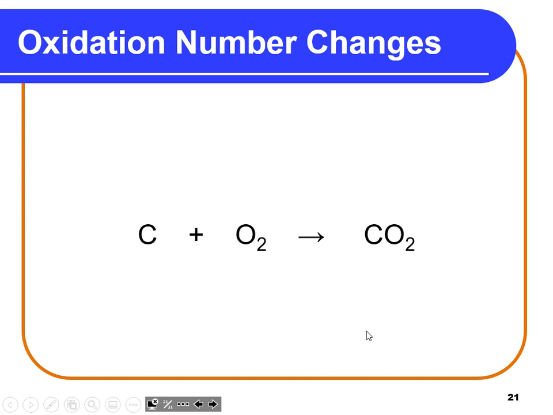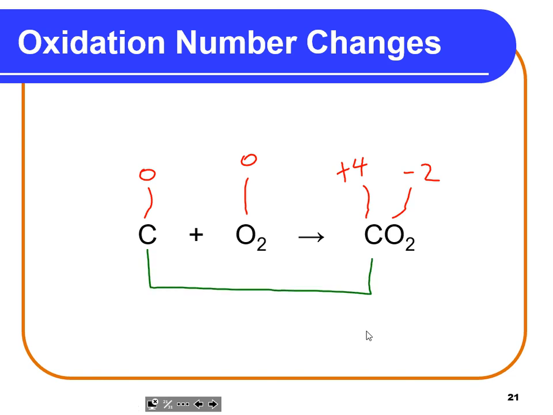Here's another one. Once again, let's get our oxidation numbers. The elements by themselves are both 0. Oxygen's -2 unless it's a peroxide. This is not a peroxide, ladies and gentlemen. So that means that this carbon must be +4. Once again, carbon goes from a 0 to a +4.